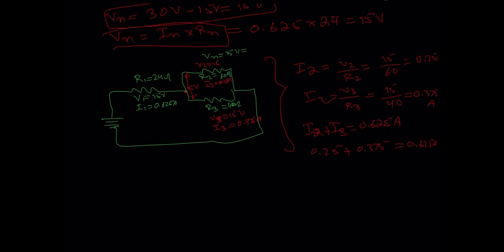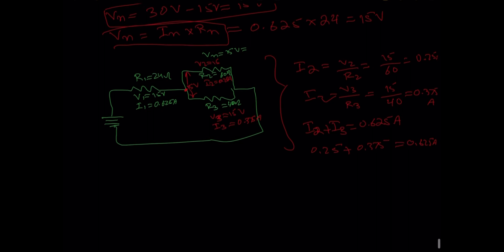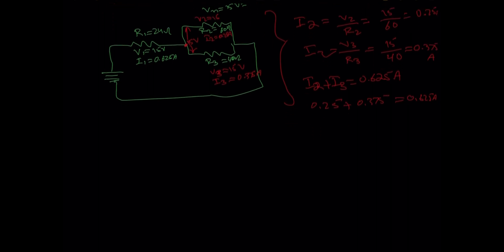The current coming into this node is going to divide in these two resistors. So 0.25 is going to resistor 2, 0.375 is coming to resistor number 3. Now we have found everything but the power. VT was given, actually 30 volt. RT we found.